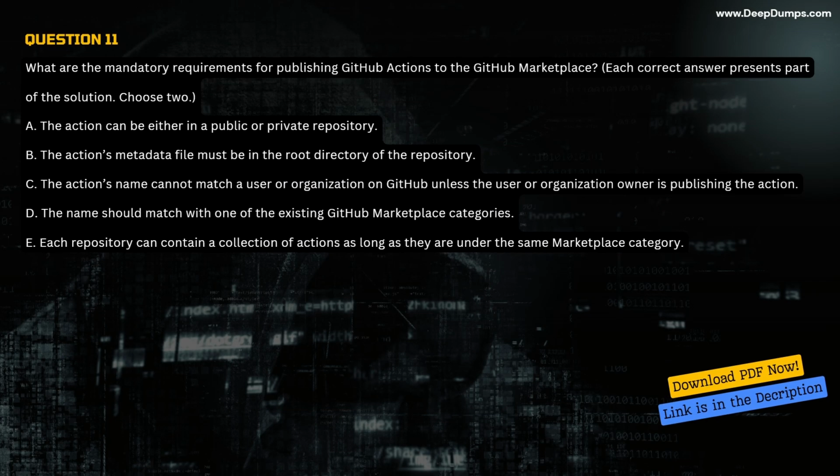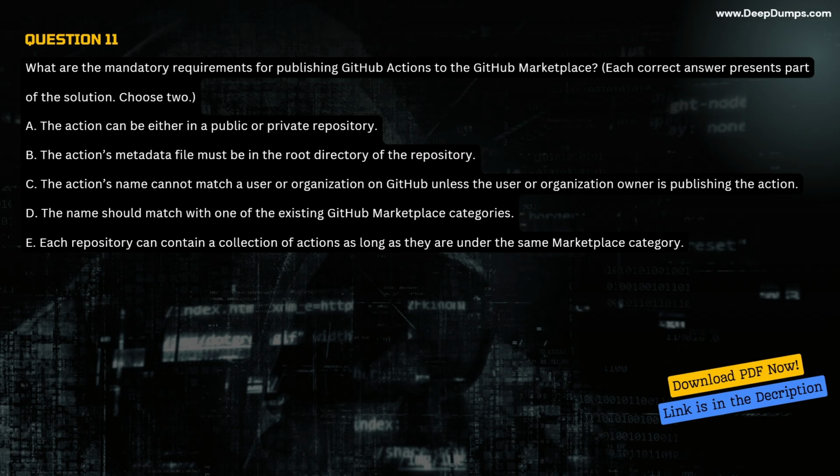Question 11. What are the mandatory requirements for publishing GitHub Actions to the GitHub Marketplace? Each correct answer presents part of the solution. Choose 2. A. The action can be either in a public or private repository. B. The action's metadata file must be in the root directory of the repository.